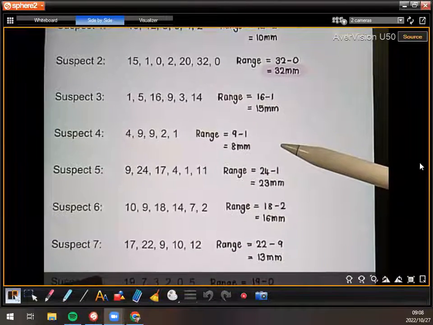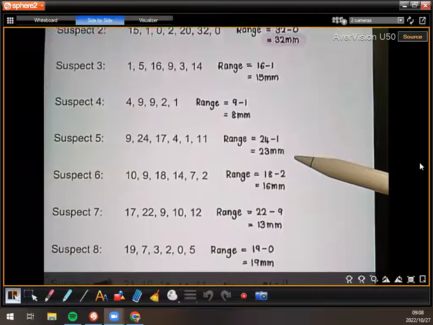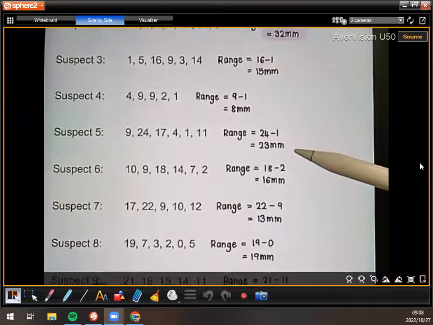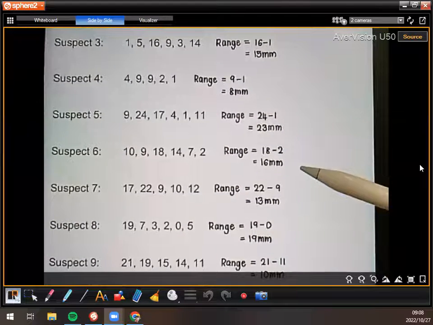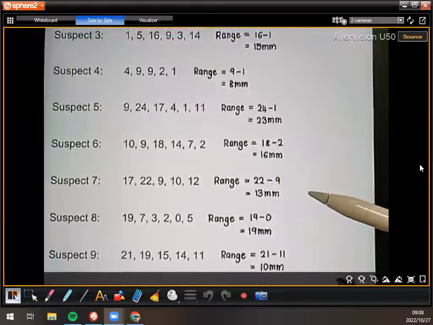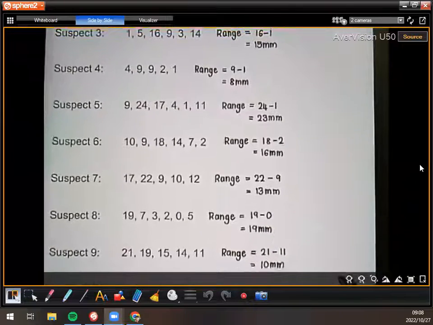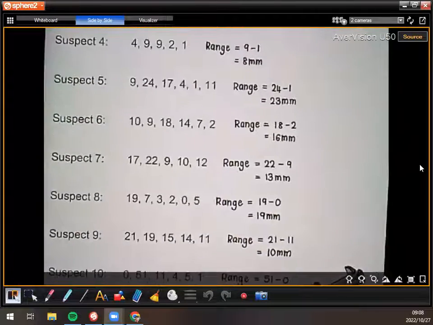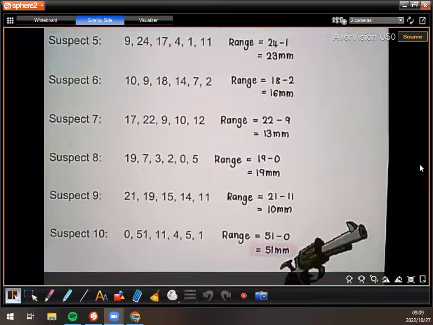Suspect 4 was 8. Suspect 5 was 23. Suspect 6 was 16. Suspect 7 was 13. Suspect 8 was 19. And then you had 10 for suspect 9 and 51 for suspect 10.